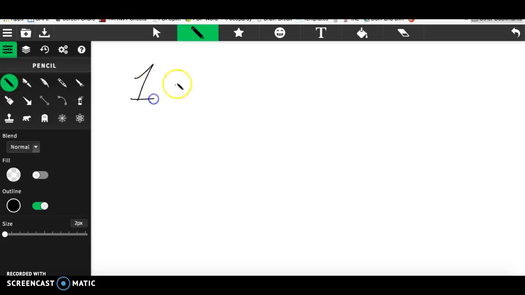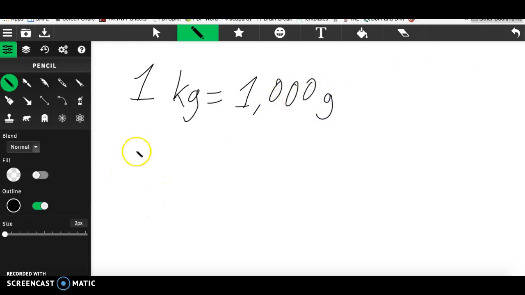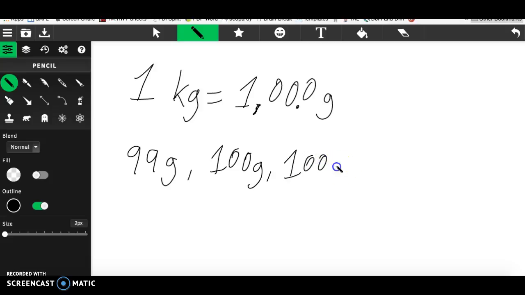Okay, so back to our original 1 kilogram equals 1,000 grams. Now we set up the same experiment, but this time we had a group that accidentally thought that it was 100 grams. So they measure out 99 grams, 100 grams, 100 grams, and 99 grams again.